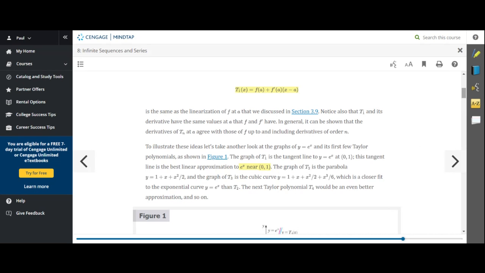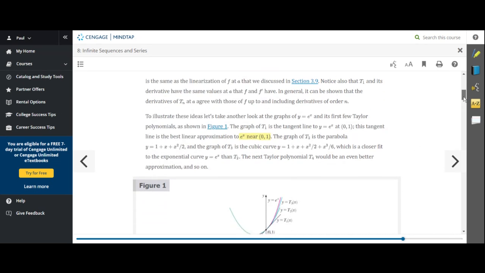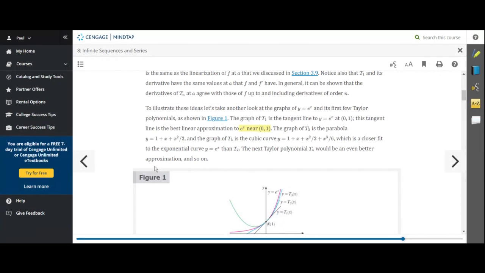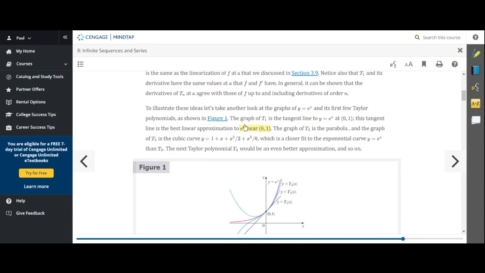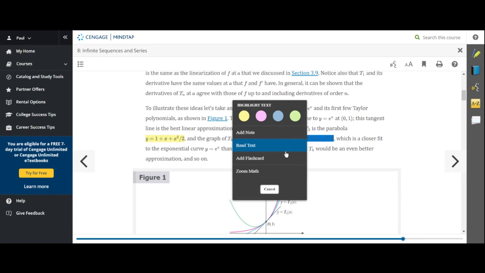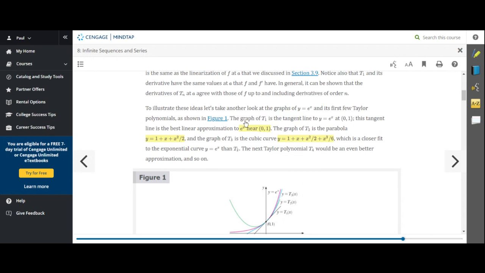If you look in that table, the second degree Taylor polynomial is going to be 1 plus x plus x squared over 2. The third degree Taylor polynomial is going to be 1 plus x plus x squared over 2 plus x cubed over 6.